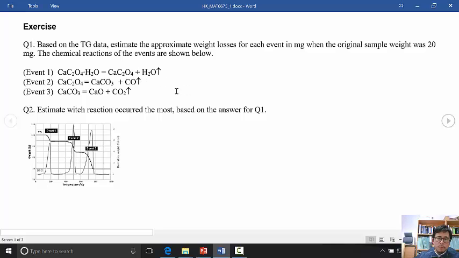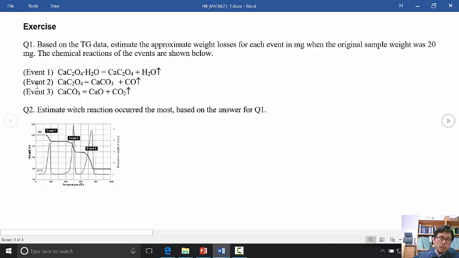So this is the exercise. This is the data, same data shown in my lecture. And firstly, you have to try to estimate the weight loss event, this event, in milligram, when the original sample weight was 20 milligram.